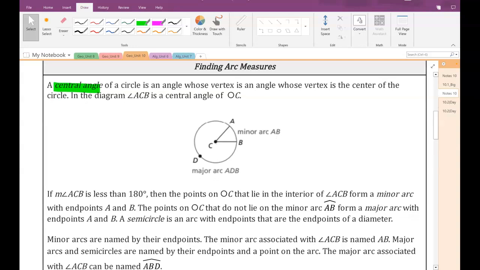If the measurement of the angle ACB is less than 180 degrees, that angle forms what's called a minor arc. So less than 180 degrees, any arc that's less than that we call a minor arc.